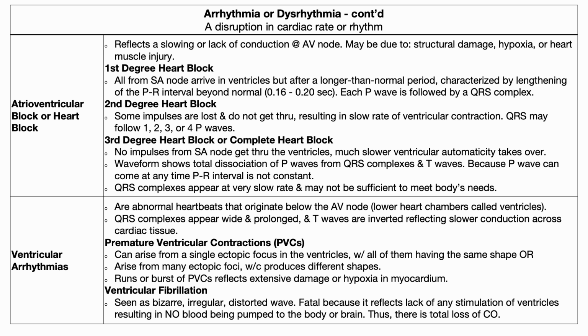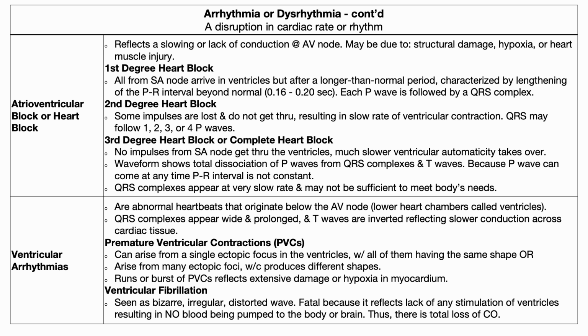Second degree heart block is when some impulses are lost and do not get through, resulting in a slow rate of ventricular contraction. QRS may follow 1, 2, 3, or 4 P waves. Then, in third degree heart block or complete heart block, no impulses from the SA node get through to the ventricles, and a much slower ventricular automaticity takes over.